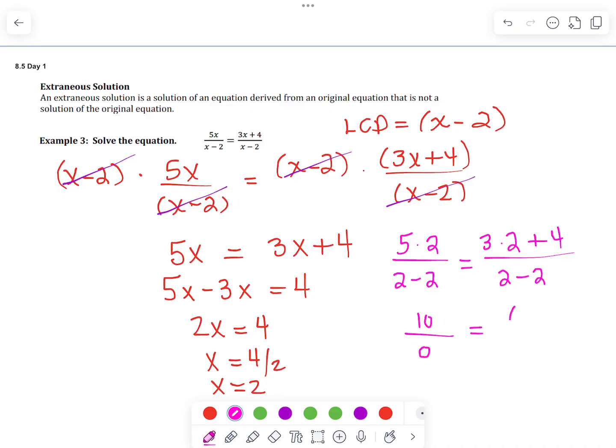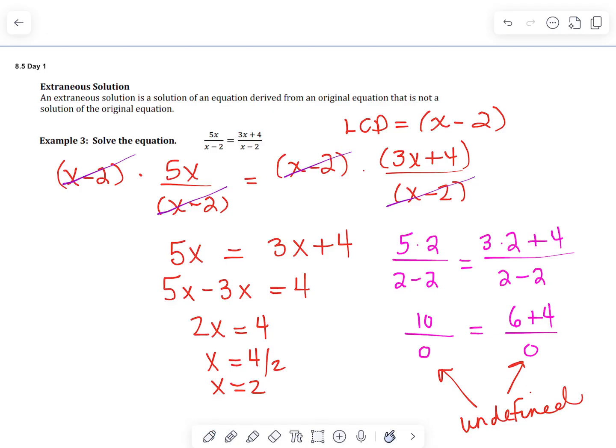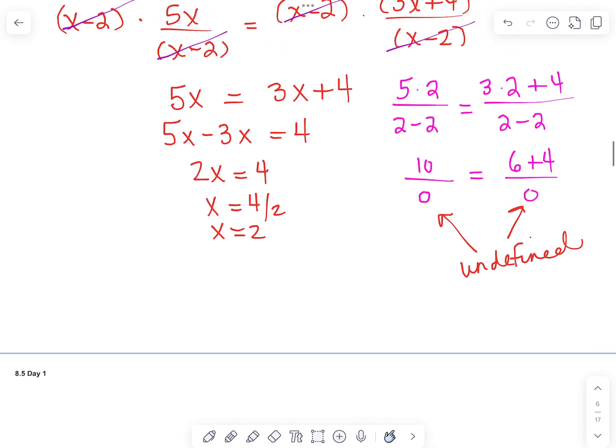And then again, 6 plus 4 divided by 0. What happens is these two fractions are undefined. You cannot have a 0 in the denominator, so this makes it undefined. So it is an extraneous solution.